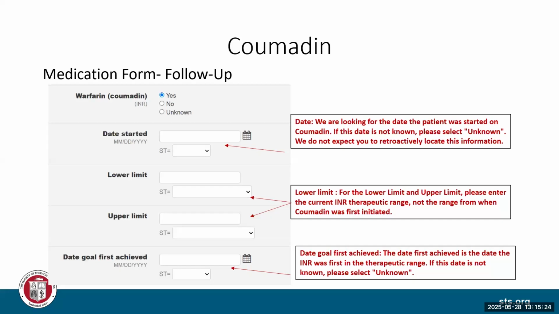And if it changes during the follow-up period, use the range that's closest to follow-up. But it says first achieved. The date the goal was first achieved, but it's referring to this goal, the current goal.